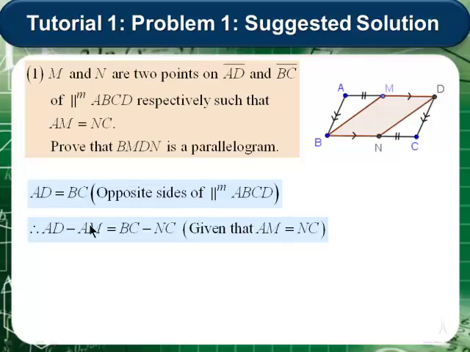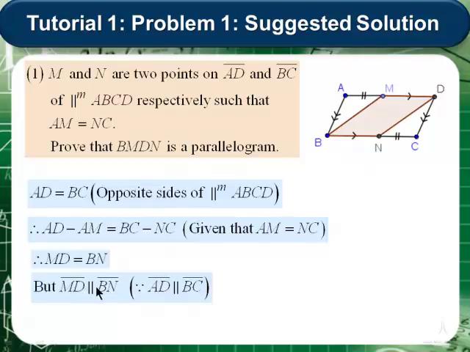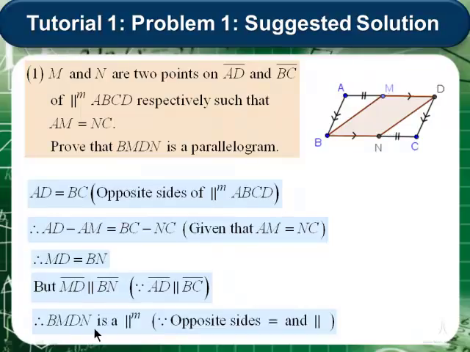Now AD minus AM is really MD, and BC minus NC is BN. So therefore we have proved that for the shaded parallelogram the pair of opposite sides are equal, but we already know that they are parallel. Therefore we can conclude that this quadrilateral is a parallelogram because opposite sides are equal and parallel.